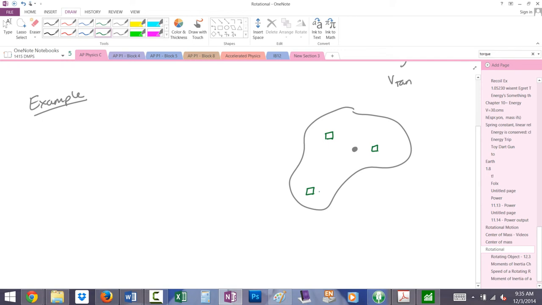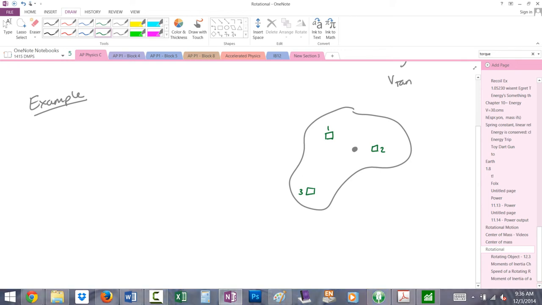I'm going to call them 1, 2, and 3. Is the axis the center of mass? It doesn't matter. Sure, but it doesn't have to be. I drilled a hole and put a bolt down it and then I spin the thing. So it's going to spin about this point here.